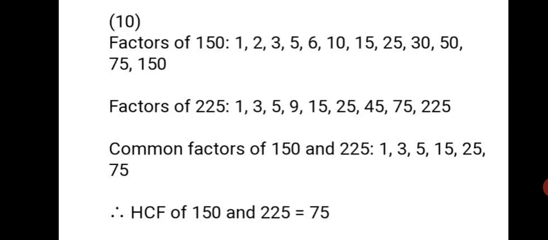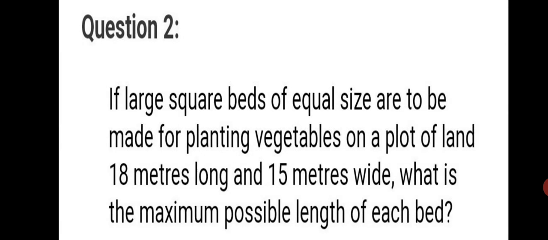Now we have question number 2, 3, 4, 5 based on word problems. So let us see question number 2. If large square beds of equal size are to be made for planting vegetables on a plot of land 18 meters long and 15 meters wide, what is the maximum possible length of each bed?